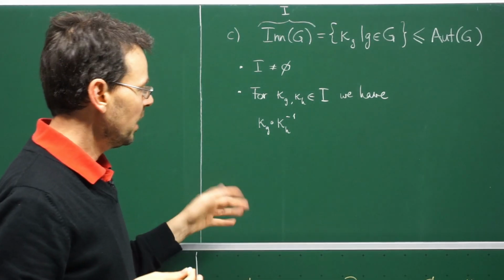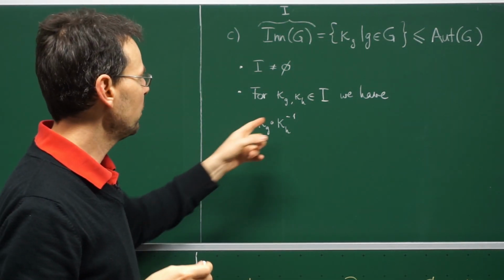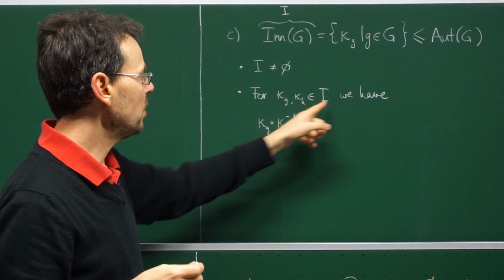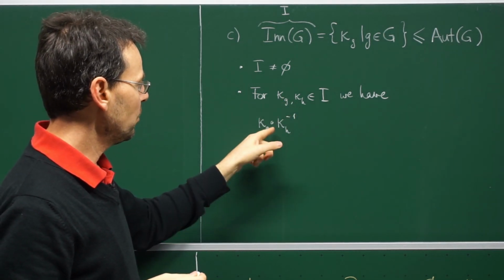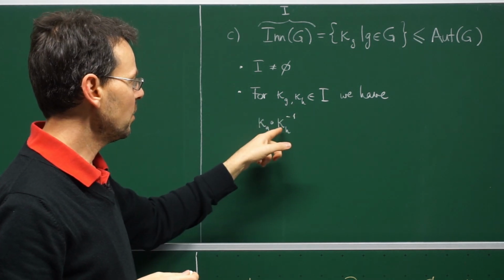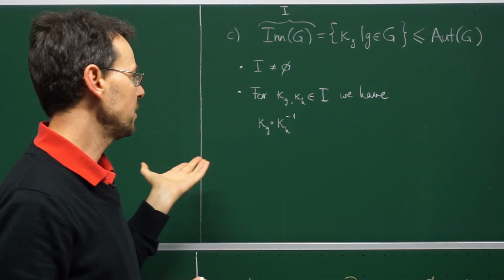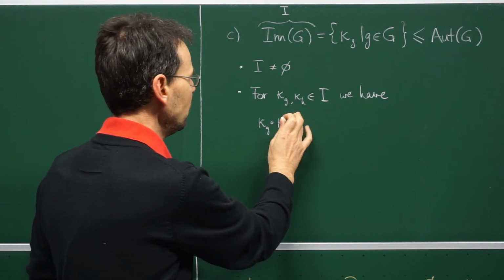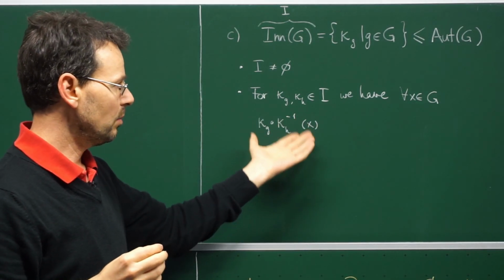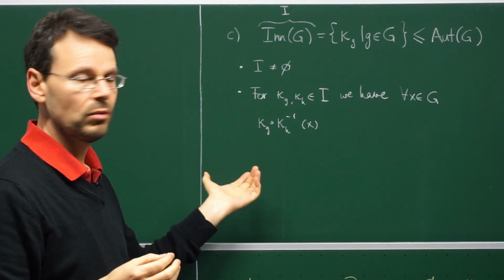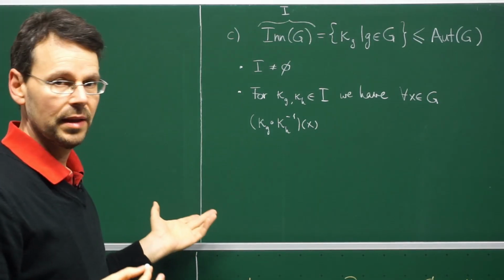So, to apply the condensed subgroup criterion, we need to show that for any two elements here, the composition of this with the inverse of this one is again an inner automorphism. First of all, when proving anything for a map like this, we apply it to an arbitrary group element and take a look at the result.